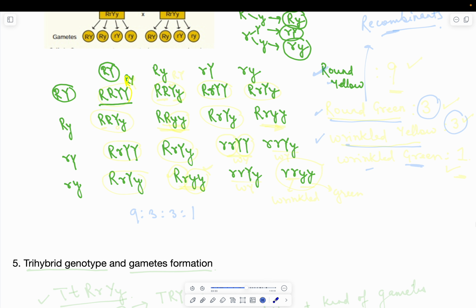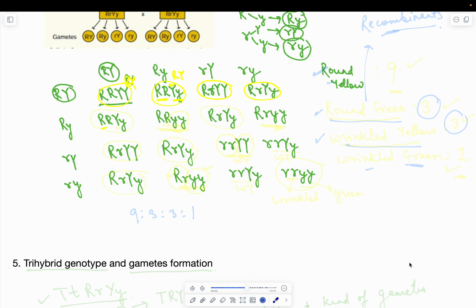Next, this is round yellow. Next, again, we have a dominant allele here, so it will be round. We have a dominant allele for the yellow color, so it will be round yellow. This will also be round yellow.